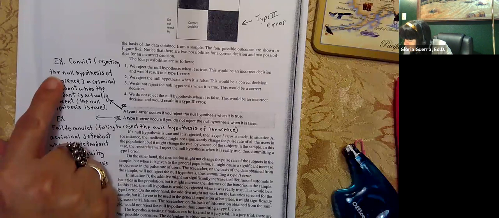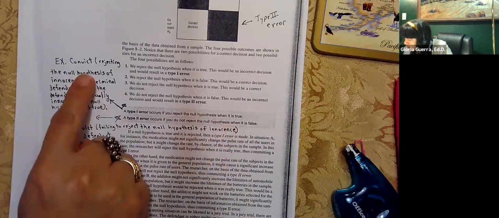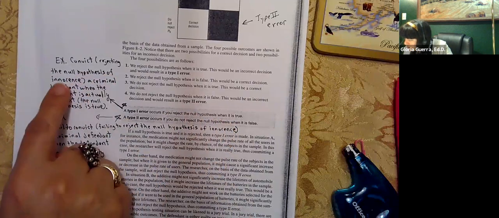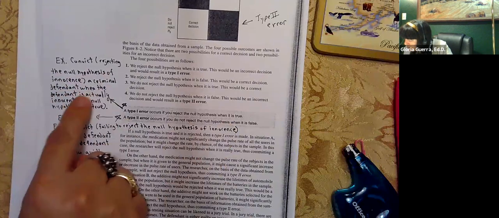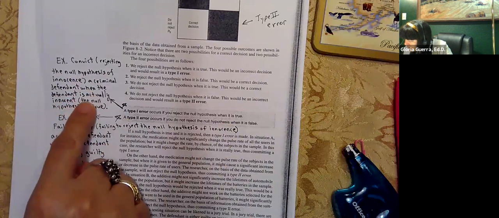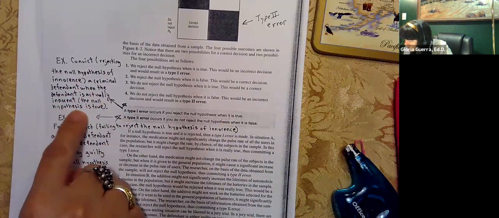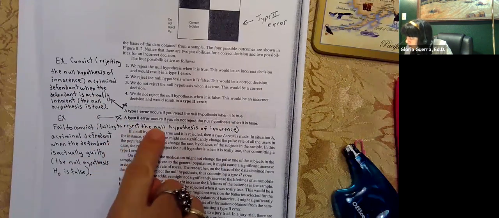Example for the type 1 error: it occurs if you reject the null hypothesis when it's true. For example, convicting a defendant, rejecting the null hypothesis of innocence, when the defendant is actually innocent and the null hypothesis is true. The type 2 error occurs if you do not reject the null hypothesis when it is false.